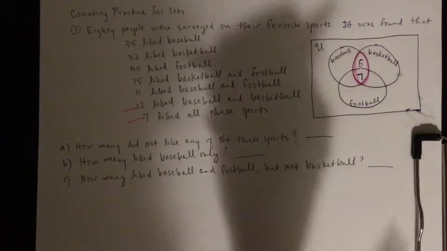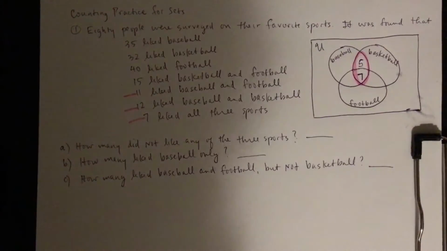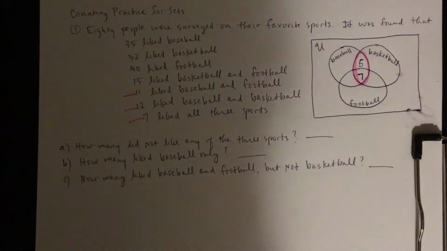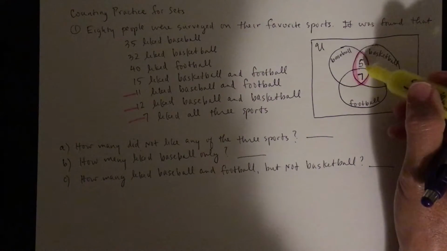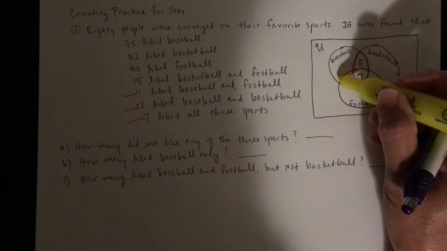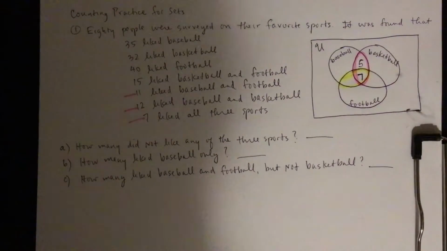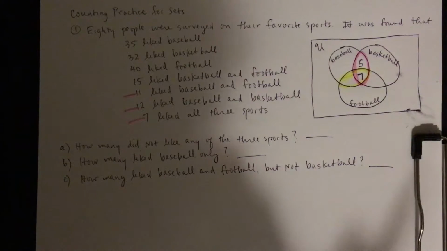We'll move up again on the chart. I get to 11. 11 liked baseball and football. So, have to identify the portion of the Venn diagram for baseball and football. And it's this part right here. It contains 2 regions. The people who liked all 3 sports and the people who like just baseball and football.